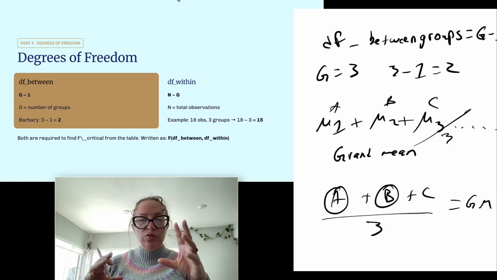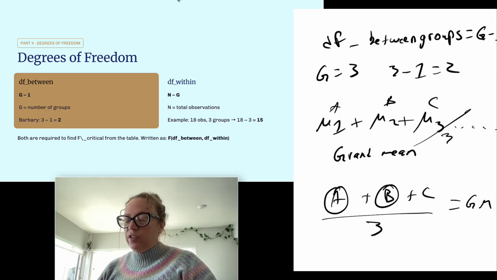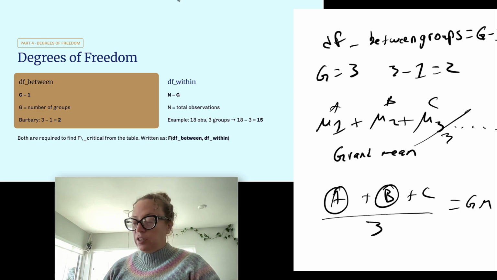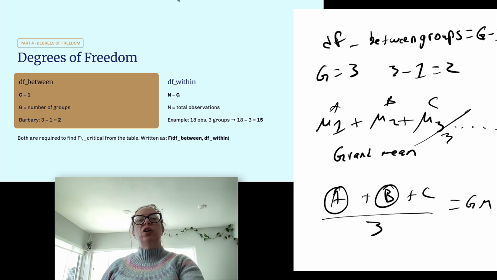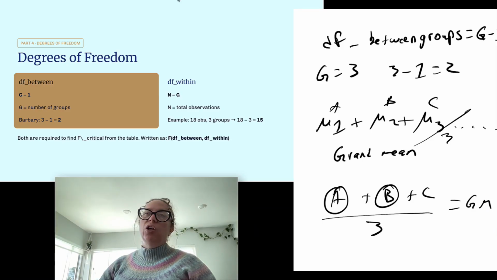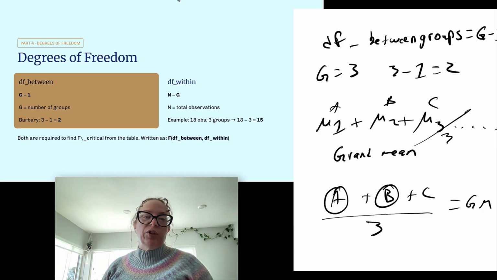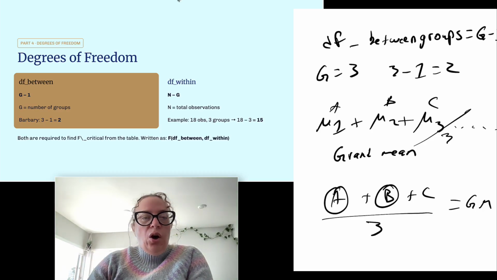A and B could move around. They could be different numbers, but C is going to be locked in stone if you know what A and B are. Okay. If you don't understand that, go back and watch my degrees of freedom video. It's very easy. It just means that when you know all the variables except for one, that last one doesn't have a choice of what the value is. Okay, mathematically speaking. Okay, so that's why it's G minus 1.